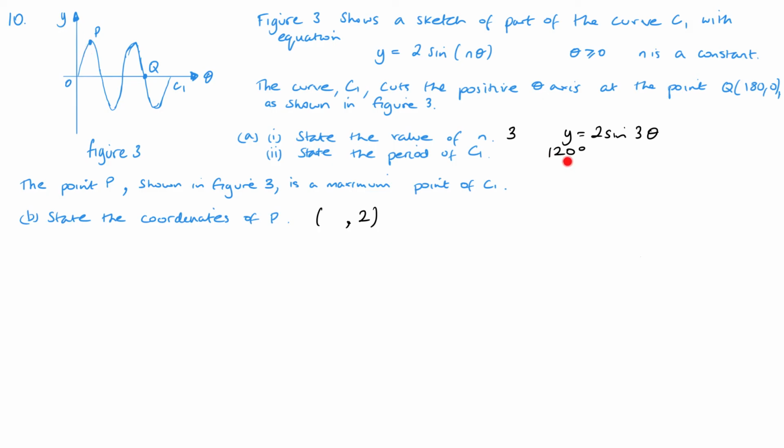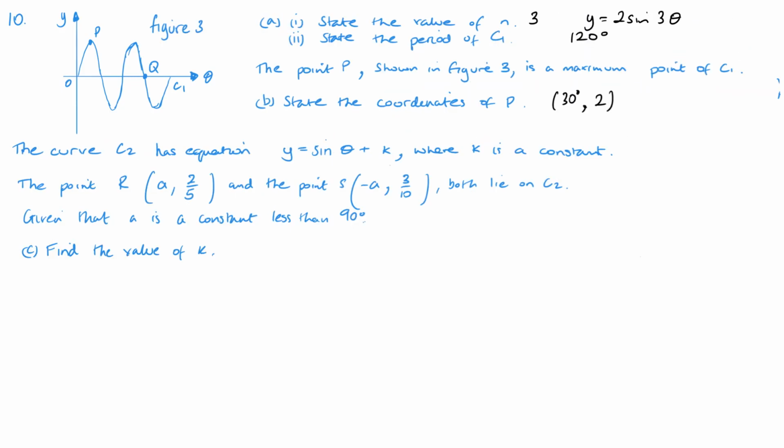But because it's a third of the size, P is going to be at 30 degrees, a third of that 90. Okay, so we can look at it like that, but it's just a little bit of manipulation and thinking, a bit of proportionality, I suppose. But it's not too difficult there.